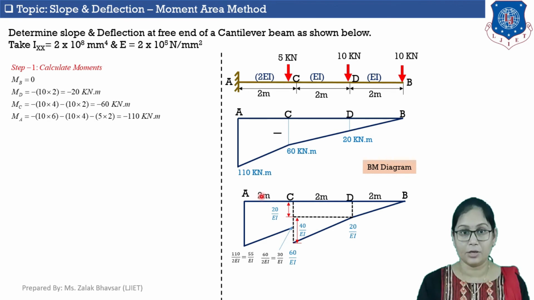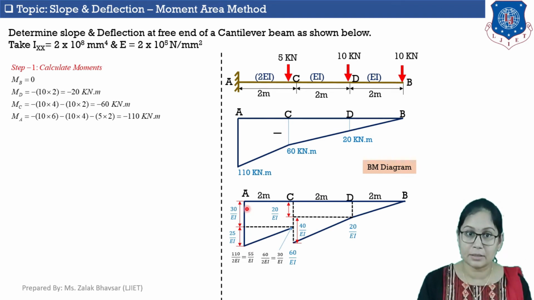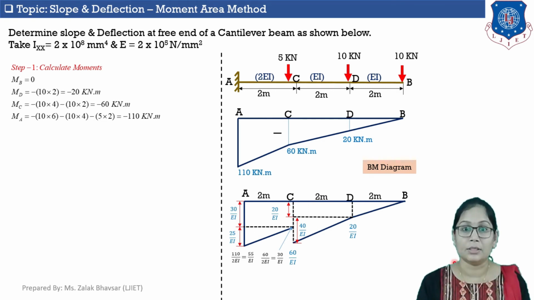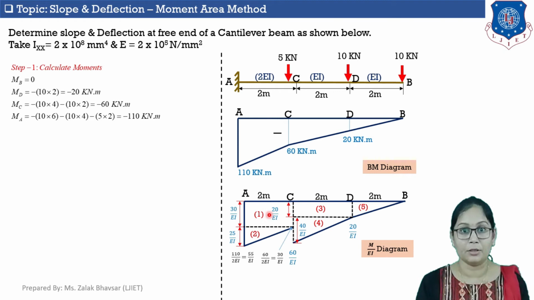Here, again for calculation purpose, I am dividing M upon EI diagram between point A to C in two different shapes, one rectangle and one triangle. So here, depth of rectangle is 30 upon EI and height of this triangle is 55 minus 30, which is 25 upon EI. Okay, so this is M upon EI diagram, and for calculation purpose I gave number to each shapes.